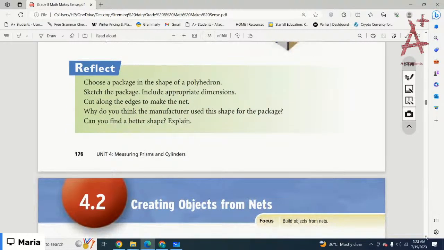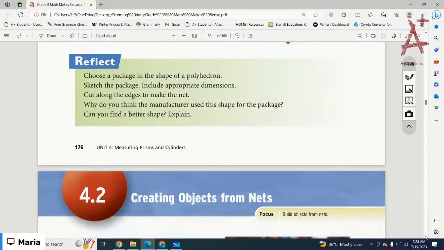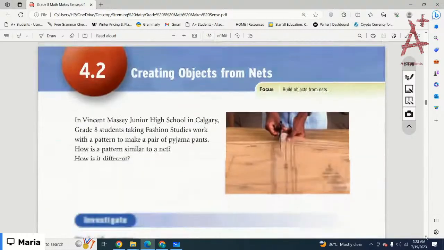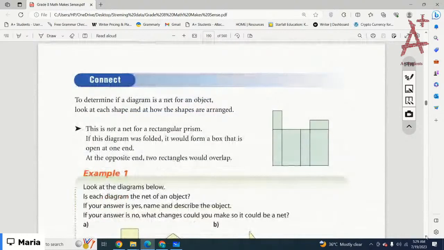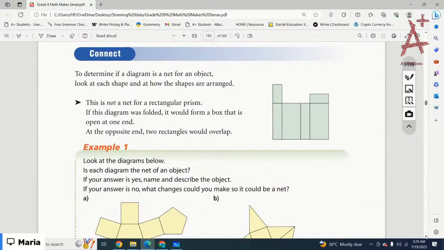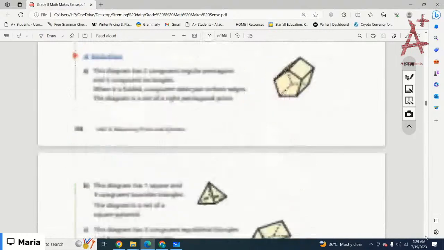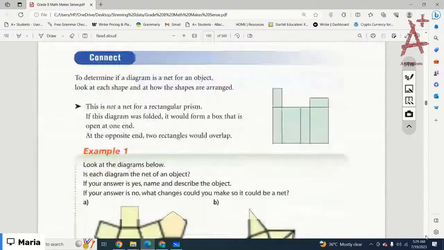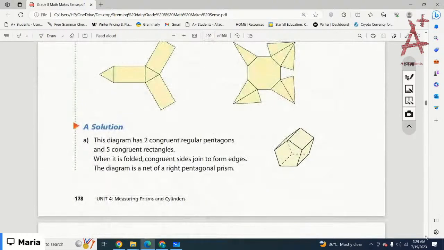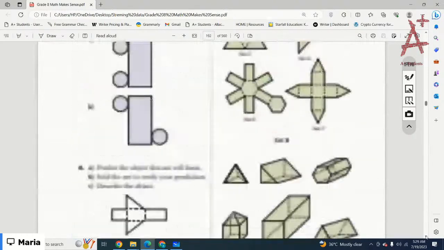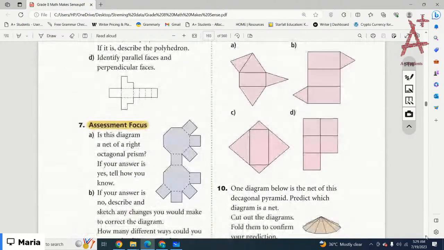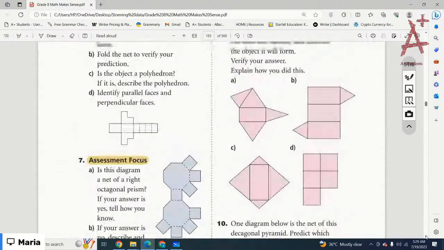4.2 Creating objects from nets. Okay, let's just start with question number 3.